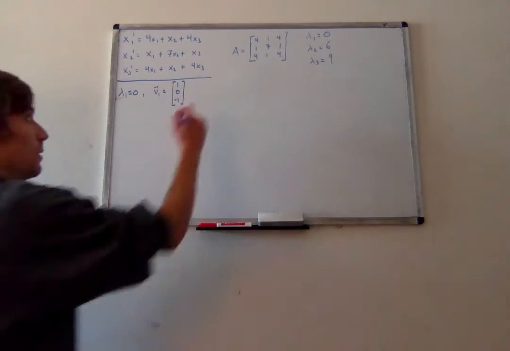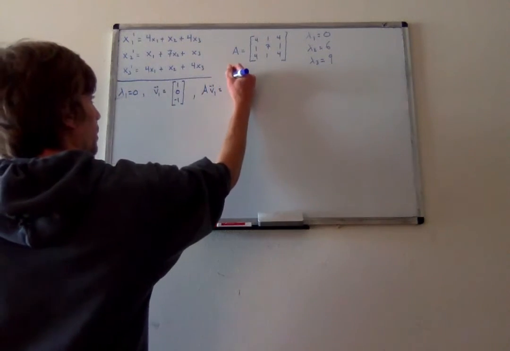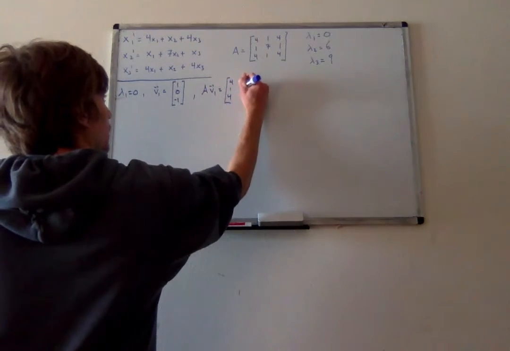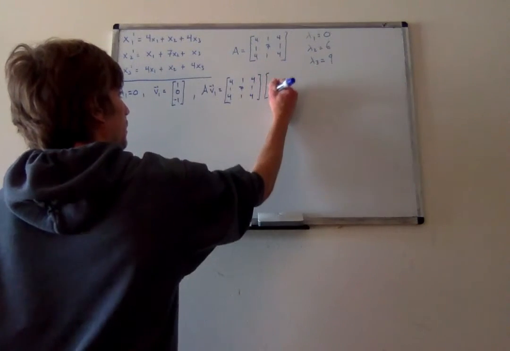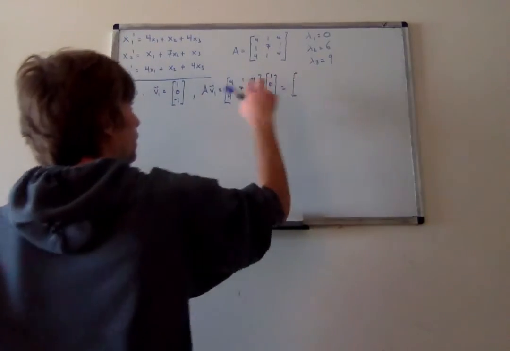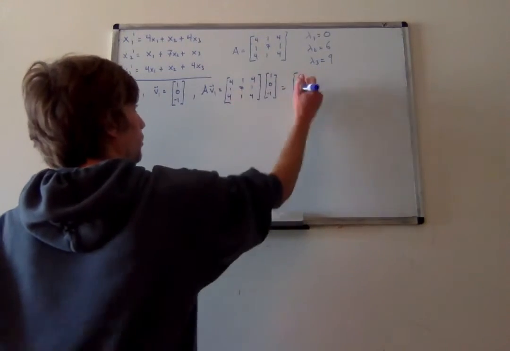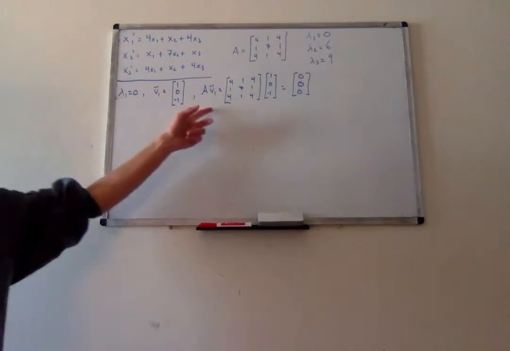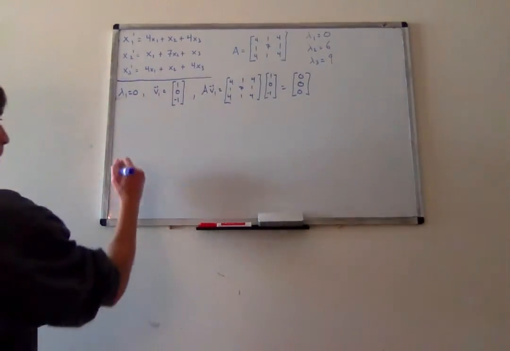And then A times V1, notice, (1, 0, -1). When I do this multiplication, the 4 and 4 are going to cancel out, the 1 and 1 are going to cancel out, the 4 and 4 are going to cancel out. And so sure enough, this is an eigenvector with eigenvalue 0.